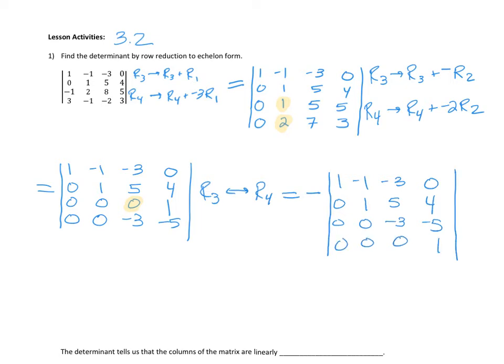So this matrix is now in echelon form, and I can calculate its determinant by multiplying along the main diagonal. So this is equal to, don't forget about this negative sign, negative, then multiply the diagonal entries: 1 times negative 3 times 1, and you get 3.